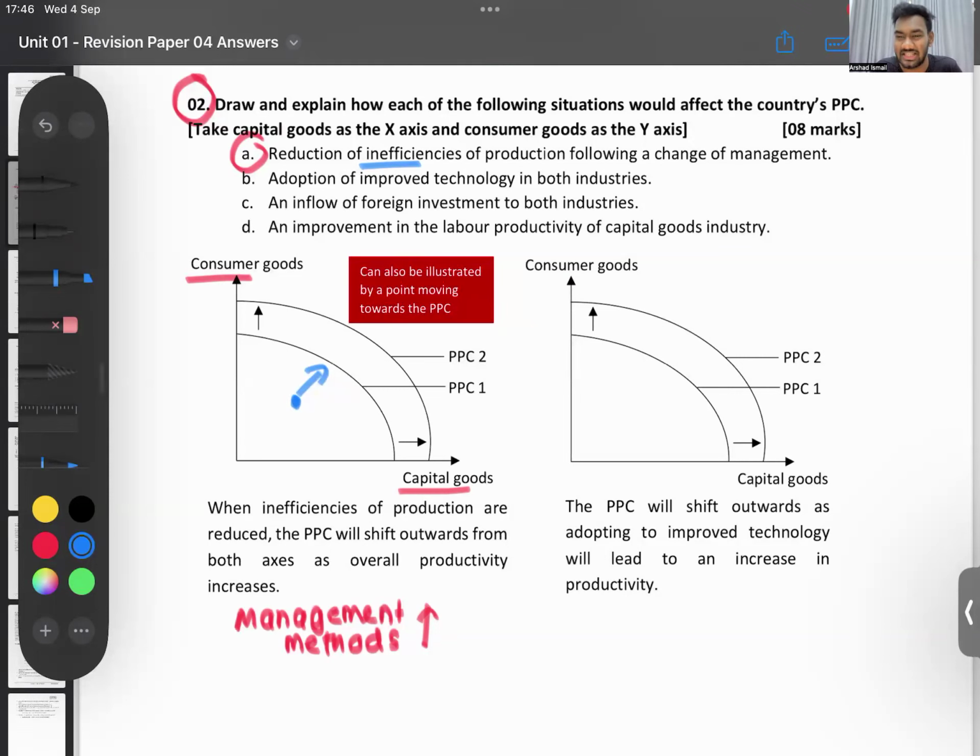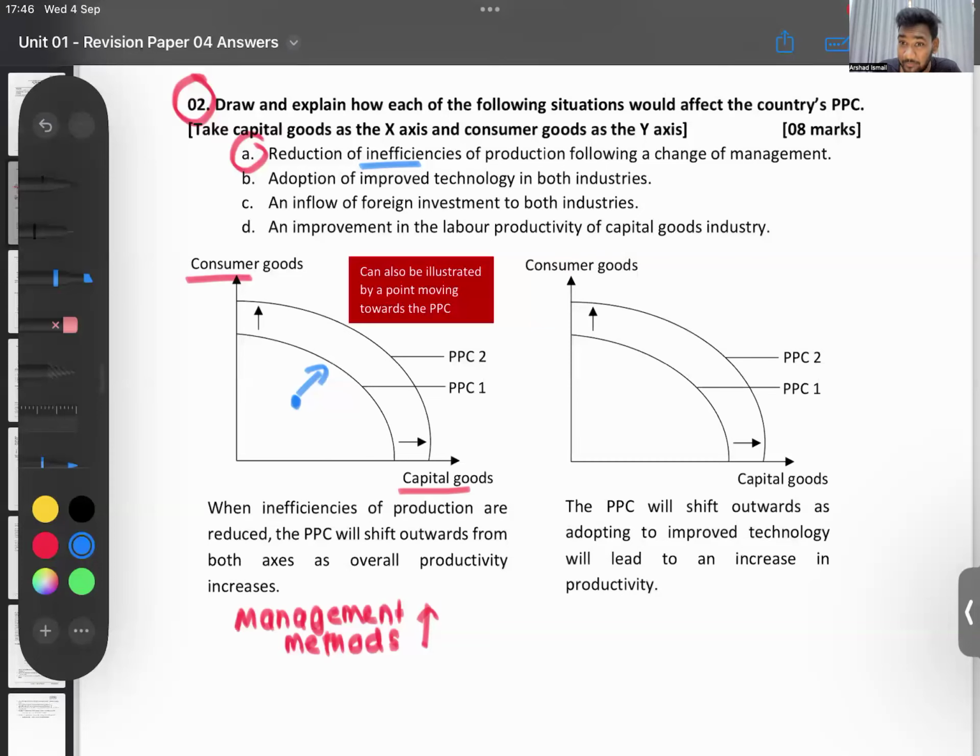This question itself is a little confusing. There are two correct answers. One way you can say management methods are improving. So therefore, productivity goes up, PPC will shift. Or other way you can say earlier there were inefficiencies, so you were inside the PPC. Now inefficiencies have reduced. You're going towards the PPC. So either way, I will give you a mark.